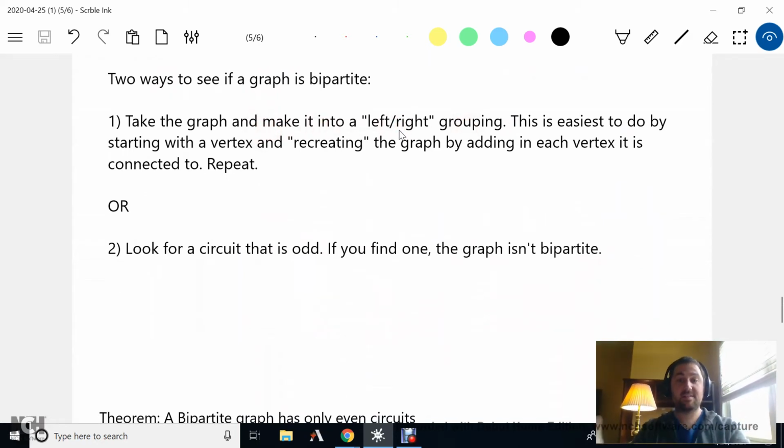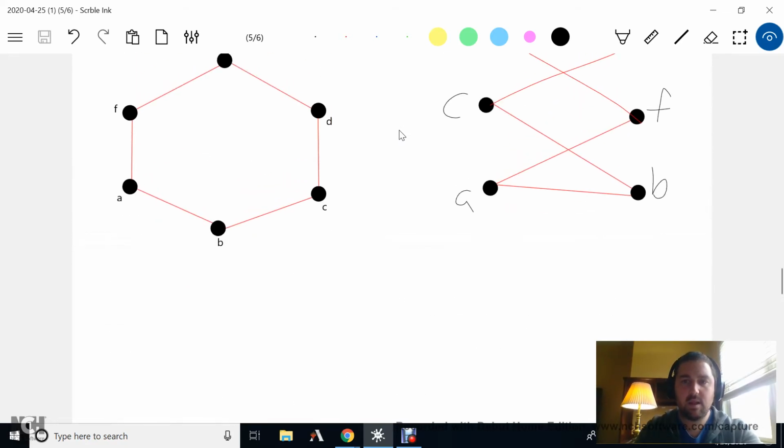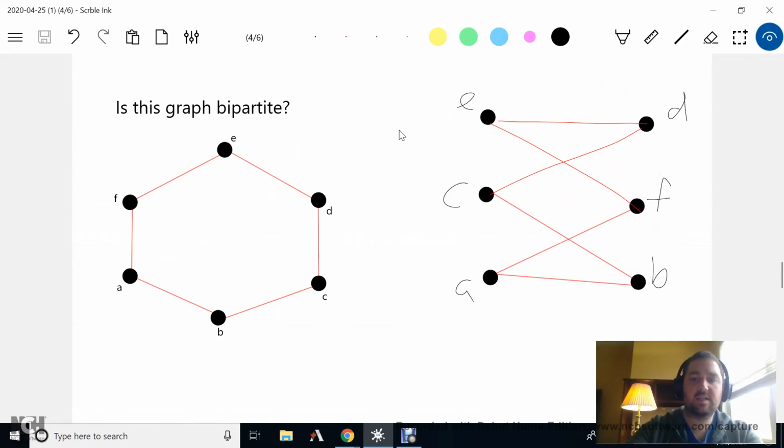And if it doesn't end up having the left and right grouping, it's not bipartite, right? This is easiest to do by starting with a vertex and recreating the graph by adding in each vertex it's connected to. Repeat. That's exactly what I did right here. I started with A, I put in F and B, I then put in C, I put in D, I put in E, and we were done.